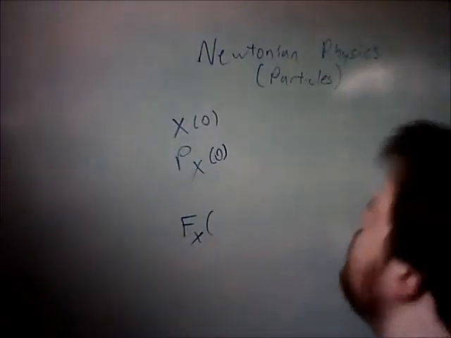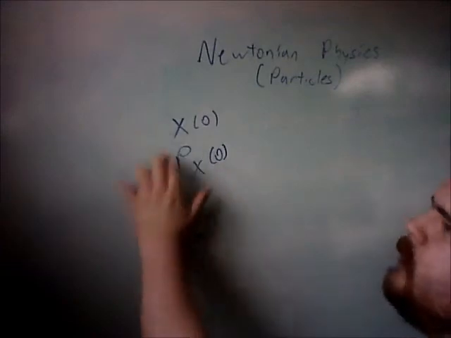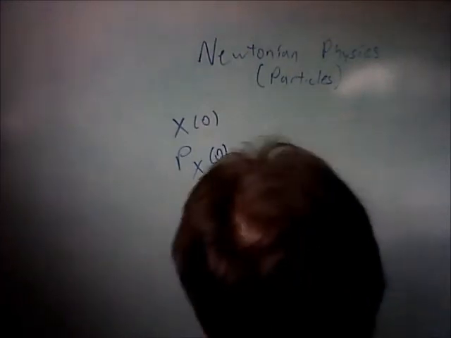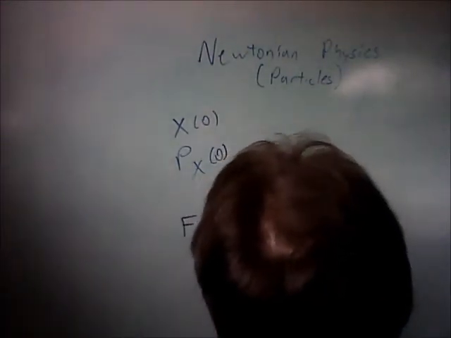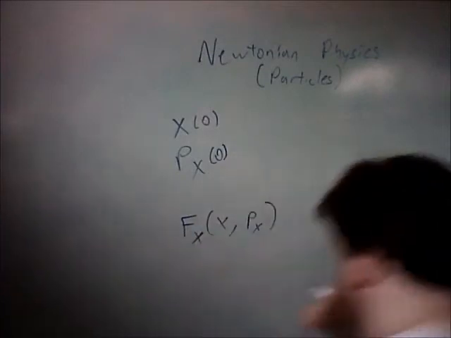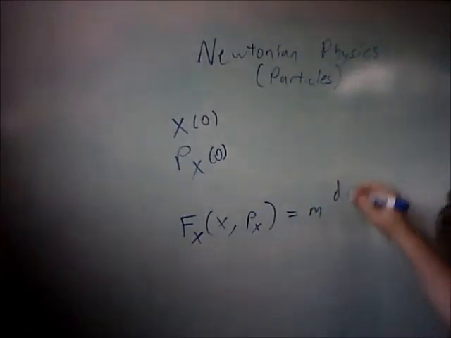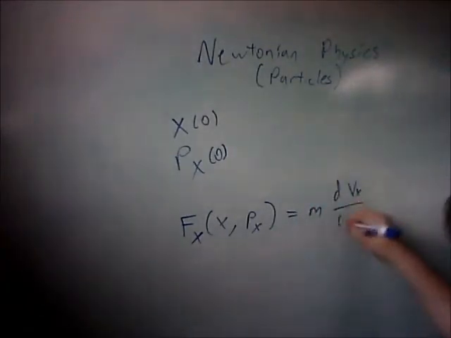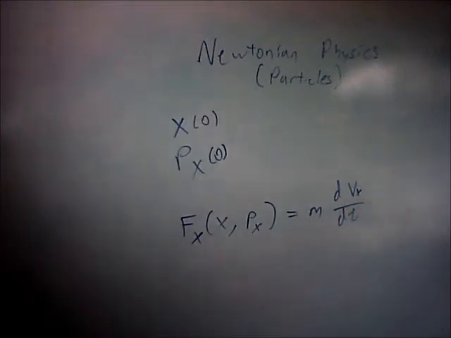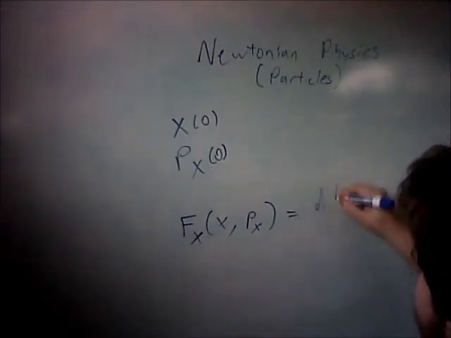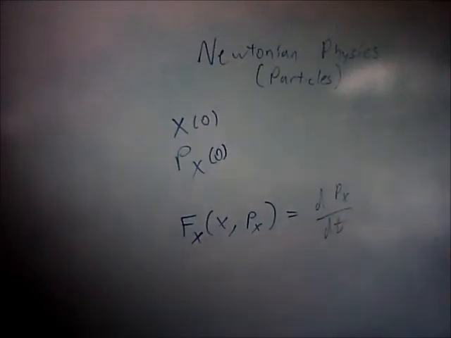So if we assume that the state only consists of these two things, which in general it typically does, then what we get is a function of x and p sub x, and it's going to be equal to mass times dv_x/dt. Which, if we assume for ordinary particles that the mass is a constant, this is also equal to dp_x/dt.